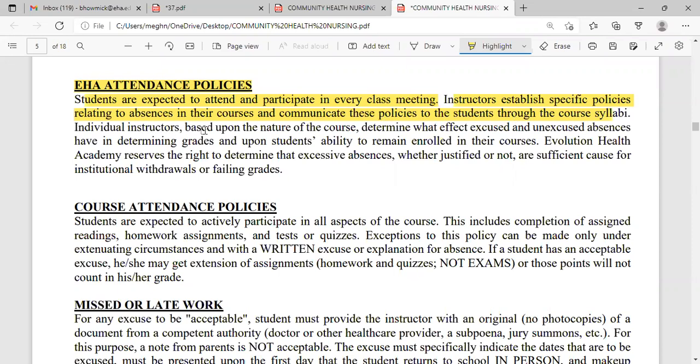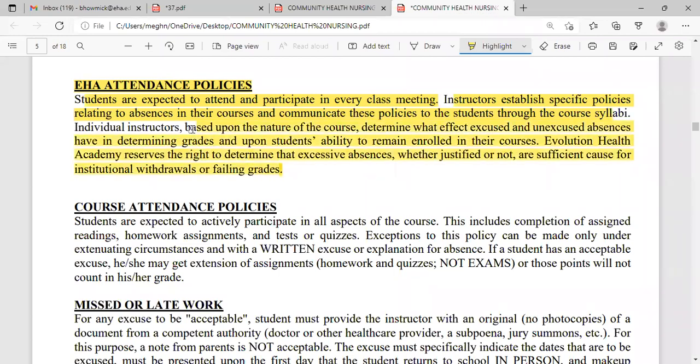Individual instructors, based upon the nature of the course, determine what effects excused or unexcused absences have on the grades and on the student's ability to remain enrolled in their course. Evolution Health Academy reserves the right to determine excessive absence, right? Whether anything is justified or not, it is sufficient cause for institutional withdrawal or a failing grade.